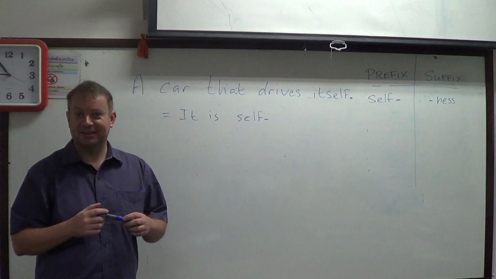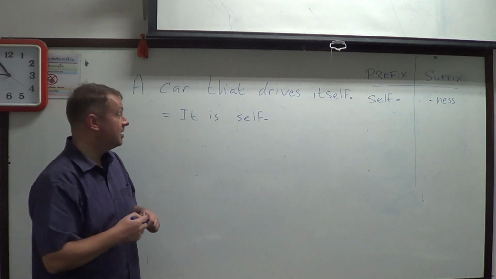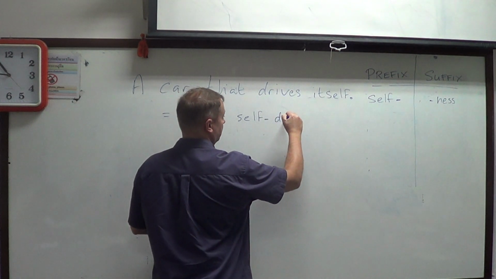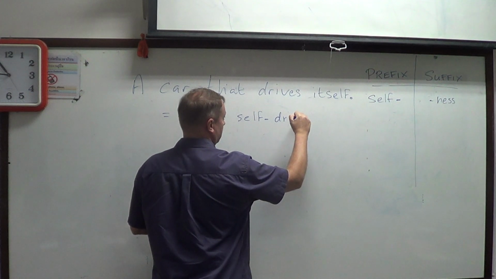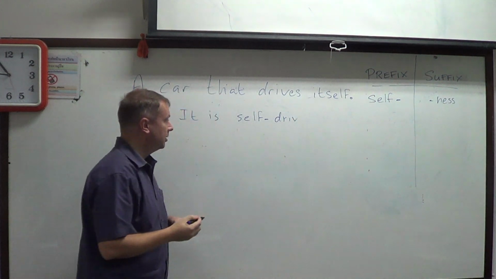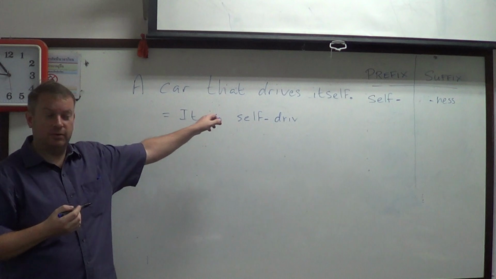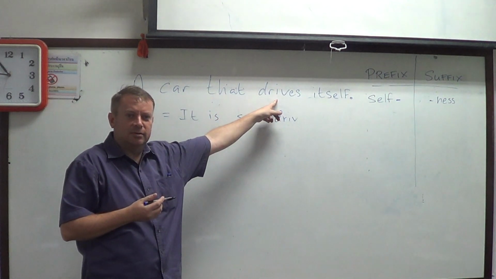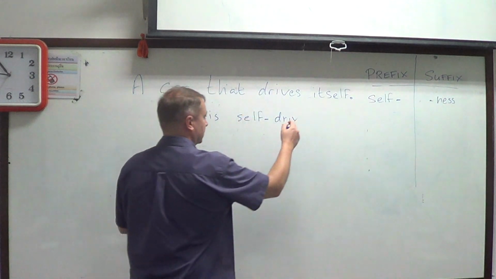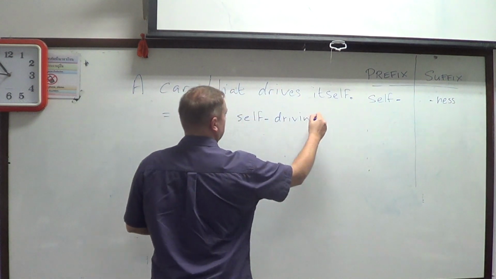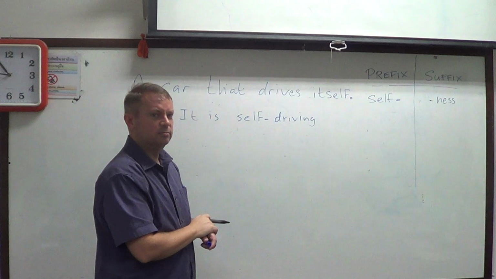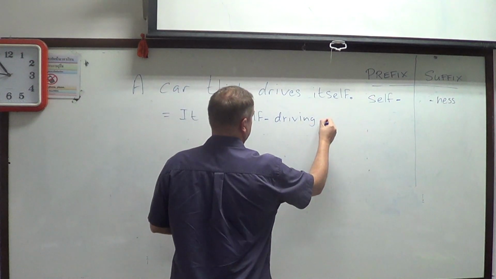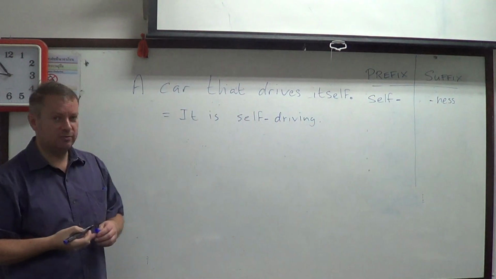Drive. How can we make an adjective out of the verb? Self-driving. Driving. So it is self-driving. It is the self-driving car.